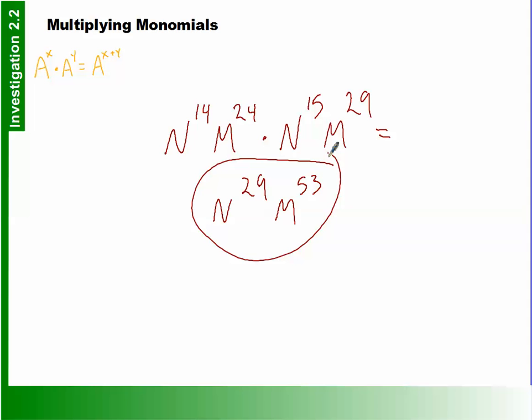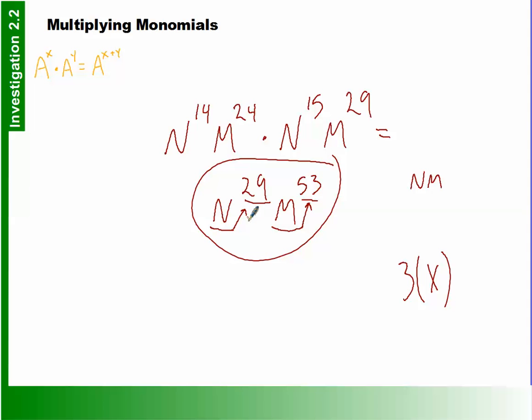Because if I have 3 times x, when the two terms are put together, it means multiply, right? So if I have nm, that means n times m. The exponent of 29 is only being applied to the n. The exponent of 53 is only being applied to the m.